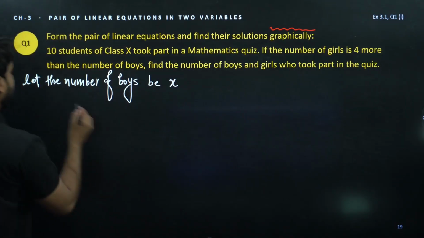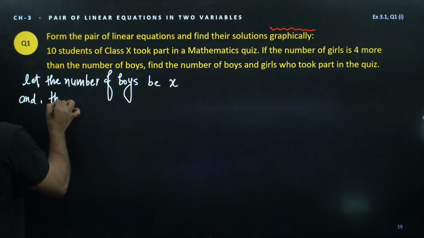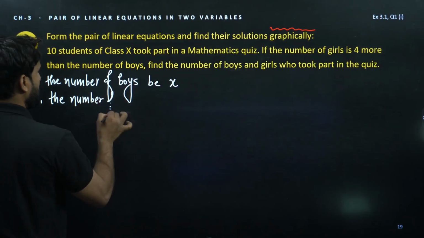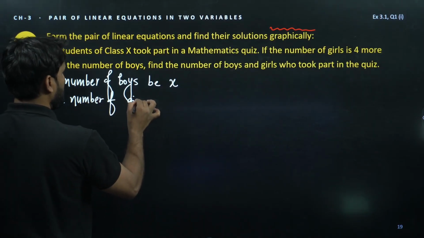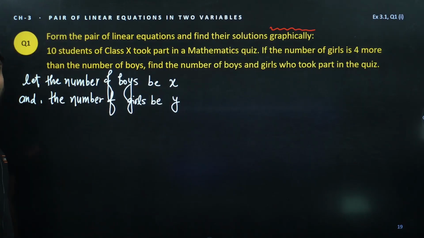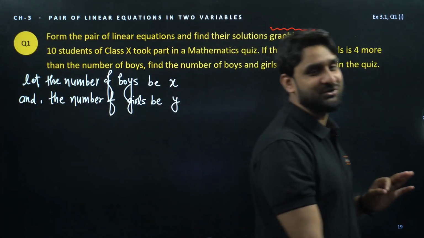And let the number of girls be Y. So we have assumed. Now read the question carefully. Now you will be able to form the equation.